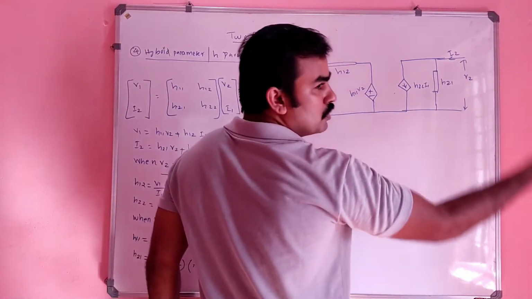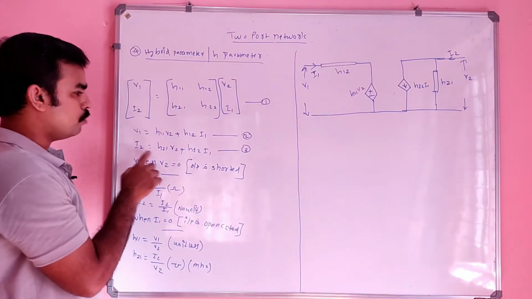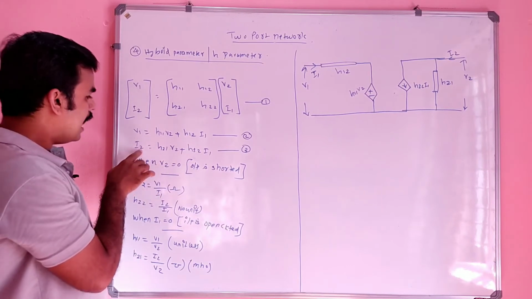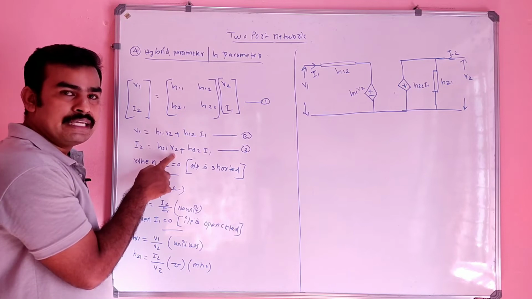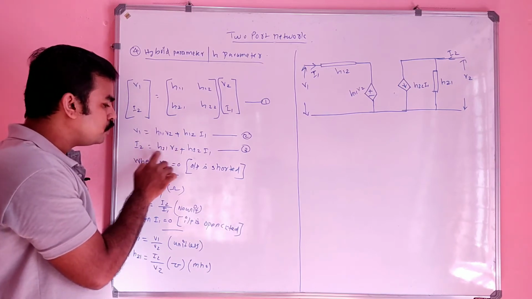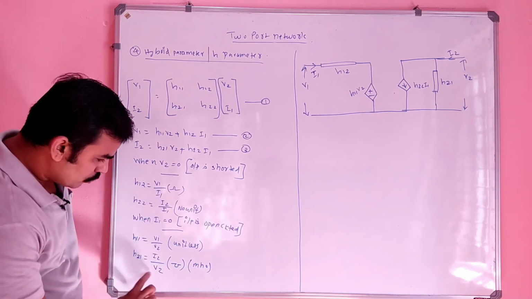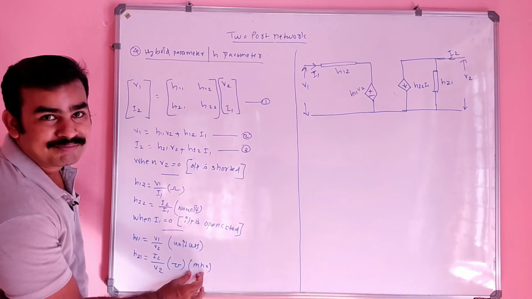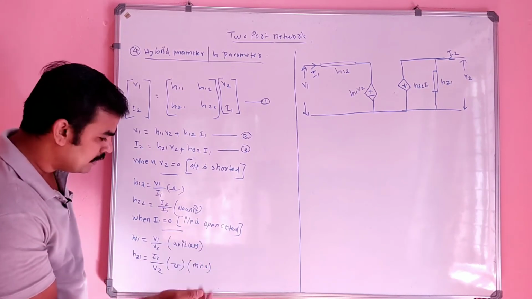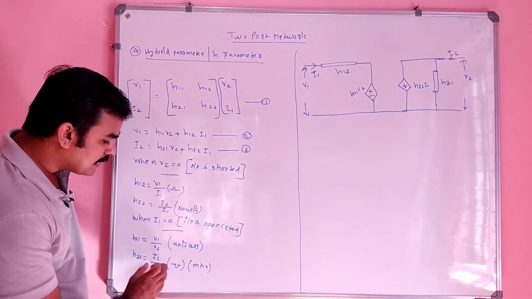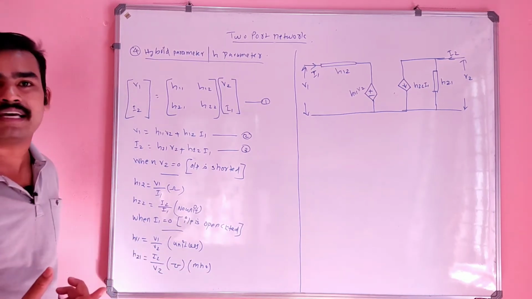But in the output side, what is the equation for output? It is in I2 form, right? I2 will be equal to H21 V2. H21 V2 means H21 is in what? H21 is in admittance form. It is the reciprocal of impedance, right? So if you multiply this with voltage, you will get the value of current, right?